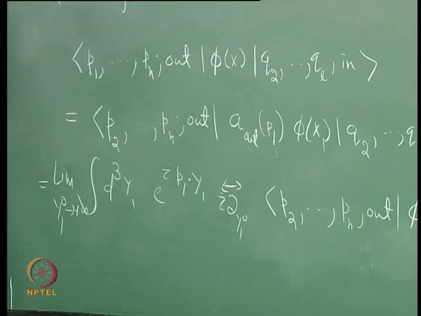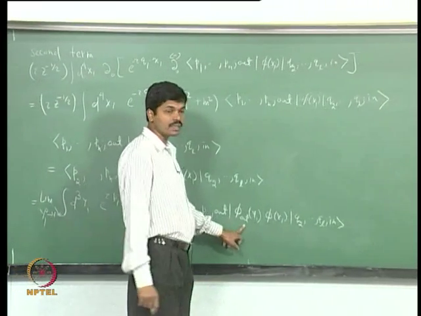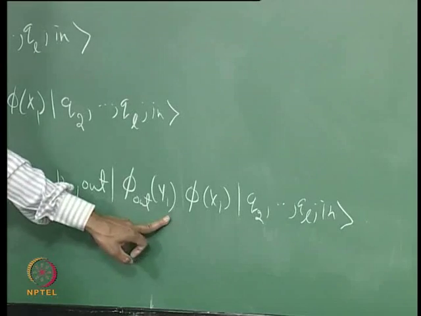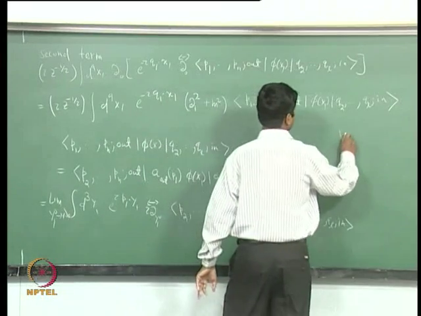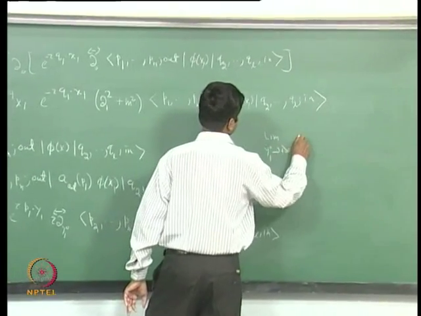In this limit what I can do is replace phi of y1 by z to the power minus half times phi out y1, in the limit y1 0 tends to plus infinity.